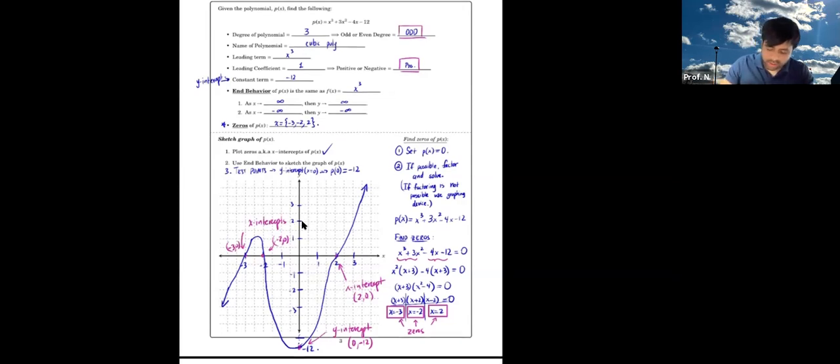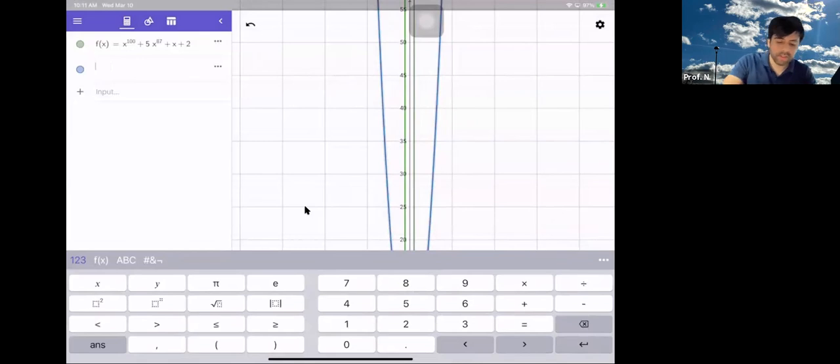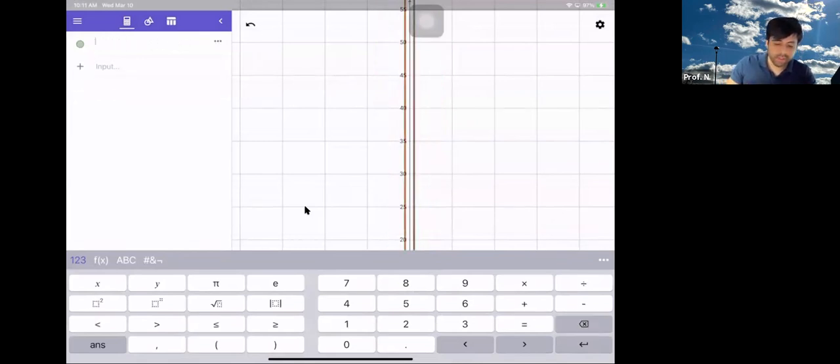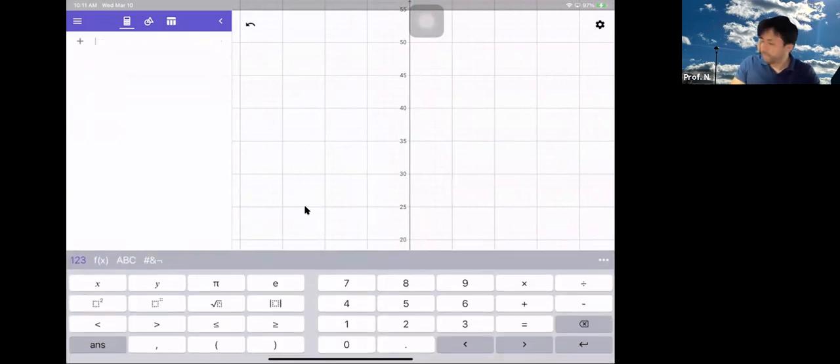So I just want to sketch this and see how good our sketch is actually compared to the real thing. So what is it? x cubed plus 3x squared minus 4x.